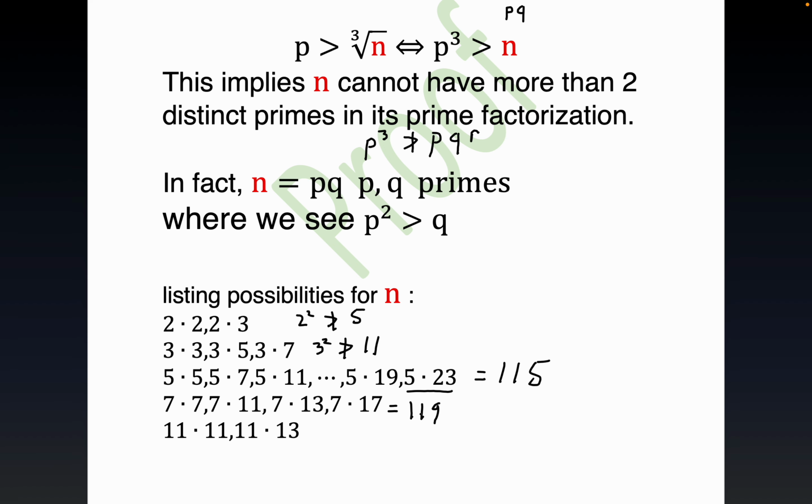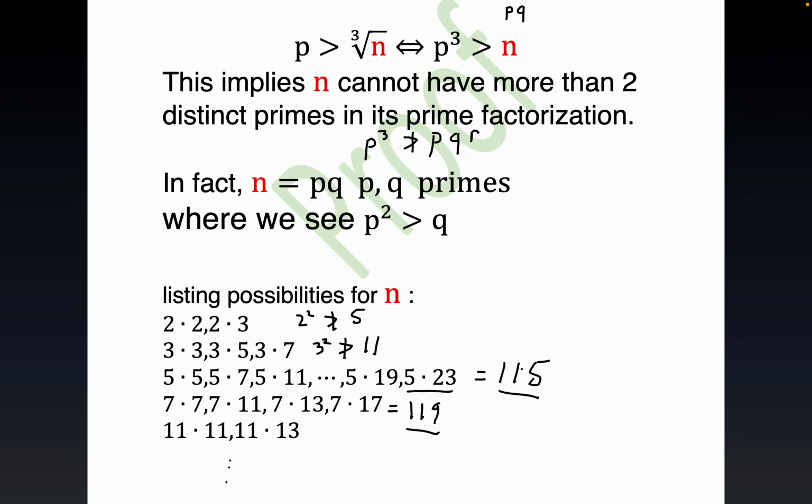So we have these choices, 119, 115, and here's your 11 squared that occurred in our process. This would be 143. The way you're going to construct this list, they're going to be numbers bigger than these numbers right here. So there's no need to continue this list. The next list would start with 13 times 17 or something, and so you don't have to worry about those numbers being smaller than this number right here.